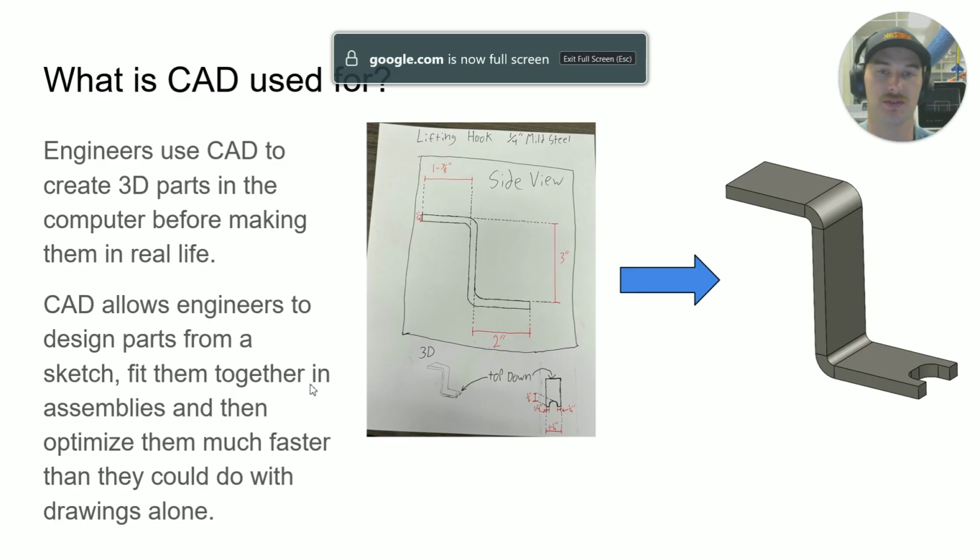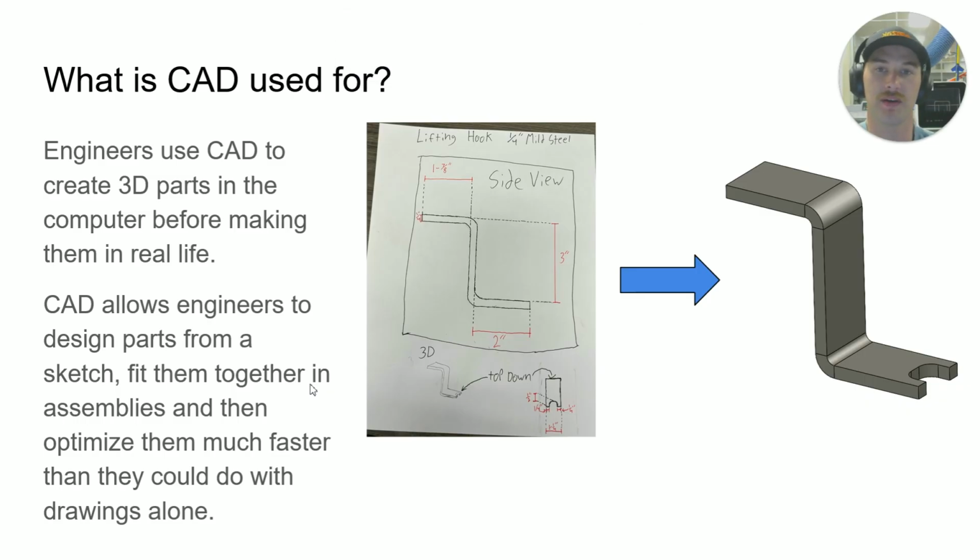So what is CAD used for? It's actually pretty simple. Engineers need to make parts. Engineers need to be able to design parts. And a long time ago, we decided that computers can do it a whole lot better than we can draw it. All parts used to be designed with drawings. Now that's really not done anymore. We do it in CAD.